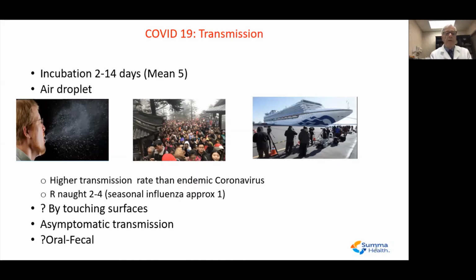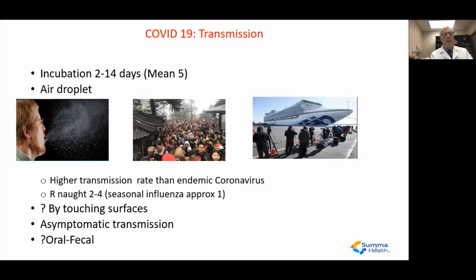of transmission. We know that the rate of transmission of this particular virus, SARS coronavirus number 2, actually is higher than the normal endemic coronavirus. It actually has a higher rate of transmission than seasonal influenza. There's this concept called R0, the reproductive number, which looks at how many of the people in close proximity to someone would potentially be infected.